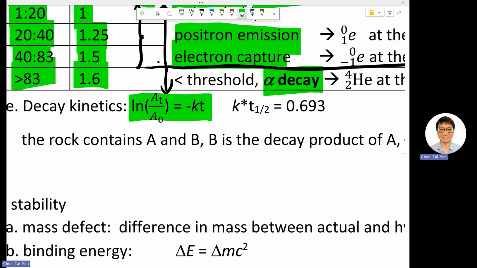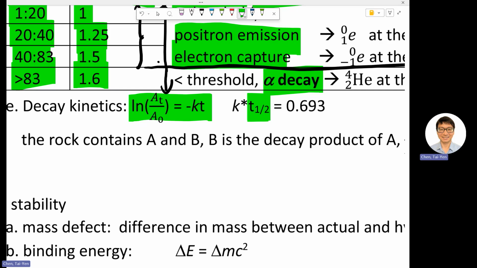The other thing I want to emphasize is that in this type of question, you're going to see this term a lot. In many questions, it doesn't tell you the decay rate constant k directly. Instead, very often you see the half-life, the decay half-life time, meaning I give you a t half.